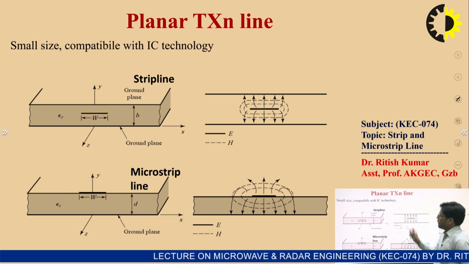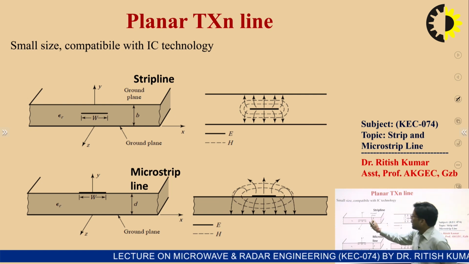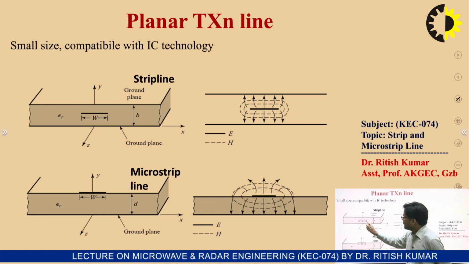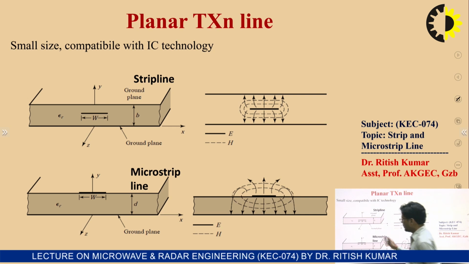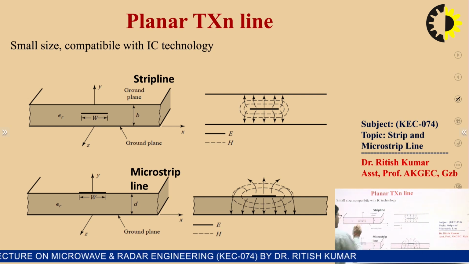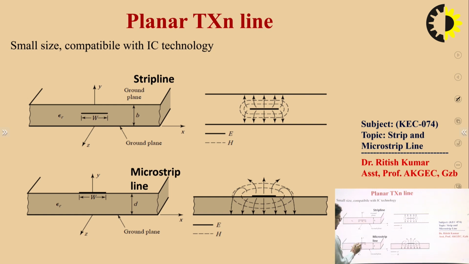You can clearly see the strip line has two disjoint conductors, right? While in the case of microstrip line, two disjoint conductors are also present. But from the construction point of view, the strip width is W, the same as in the strip line.